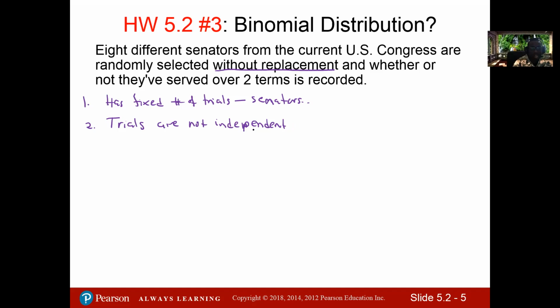So the trials are not independent because the selection is without replacement.